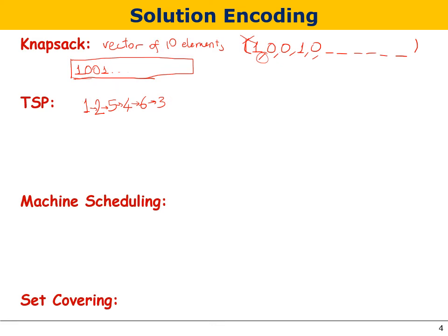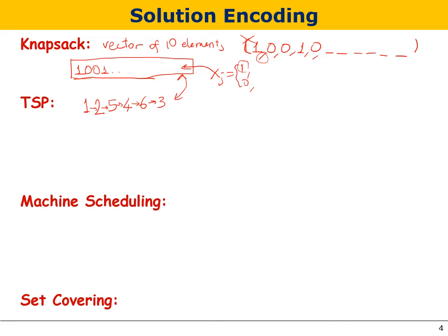It's possible. But when you compare this representation with the previous one, the previous representation is directly related to the mathematical model of knapsack, because in knapsack we have a decision variable xj, which is 0 or 1, and if we select item j, it takes the value of 1, otherwise it is 0. The solution basically represents the vector of these variables.